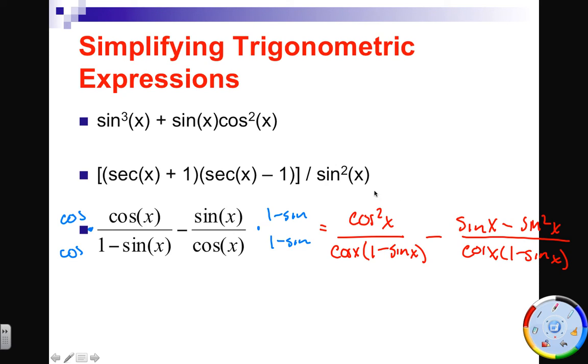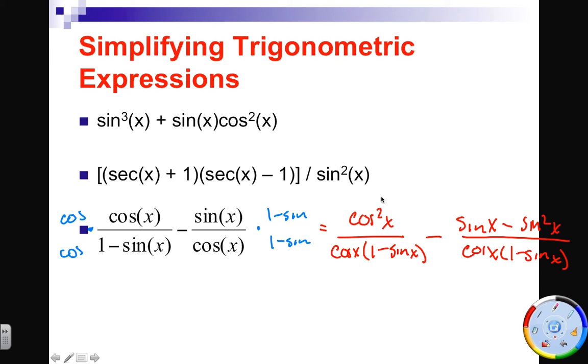Oh, this looks kind of ugly, though. I don't know. Let's see. So cosine squared minus negative sine squared. Well, that's just cosine squared plus sine squared.